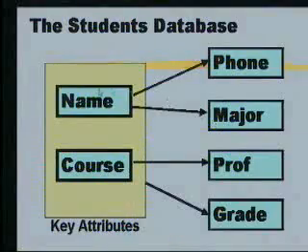However, phone and major depend on part of the key, that is name. Professor depends on course, which is once again part of the key. And this particular dependence has led to the problem which we had seen earlier, that is insertion anomalies, deletion anomalies, and redundancy of information.